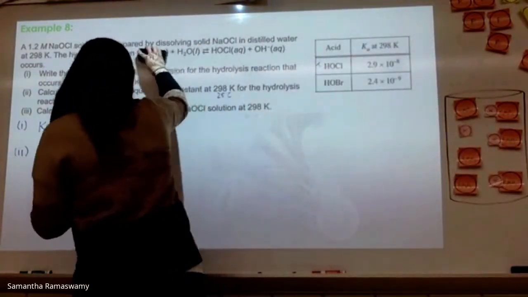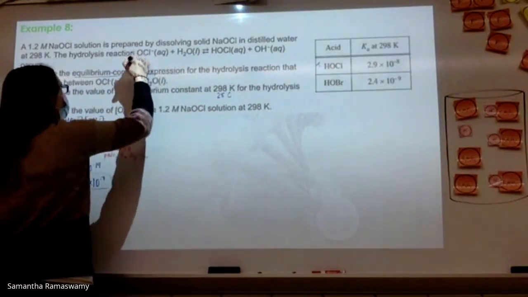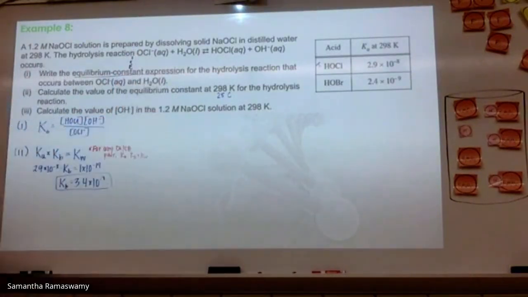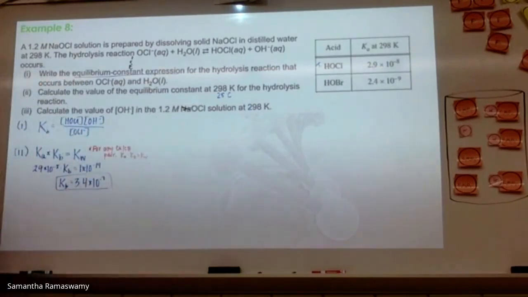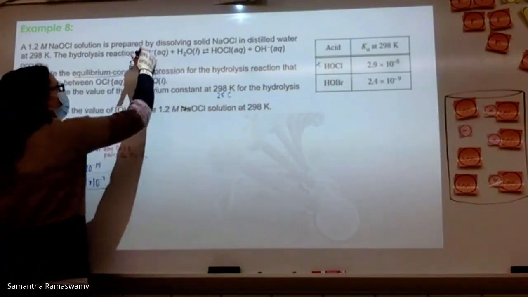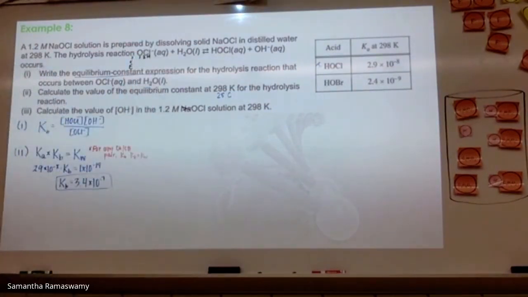So 1.2 molar NaOCl. Na plus is a spectator. That's how we get OCl minus, 1.2 molar. We ignore water. We have 0 and 0. Minus x, plus x, plus x.